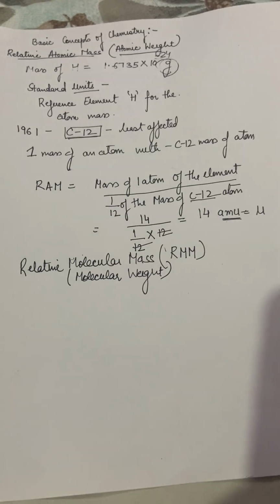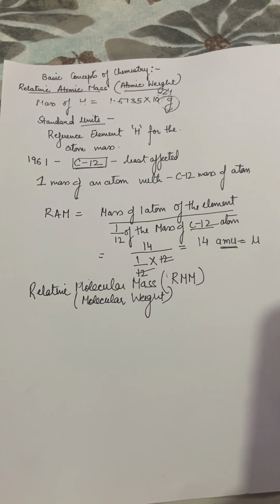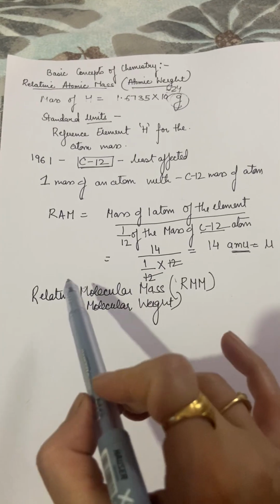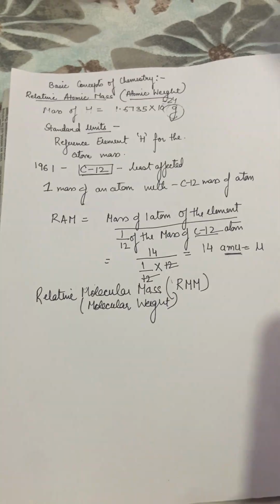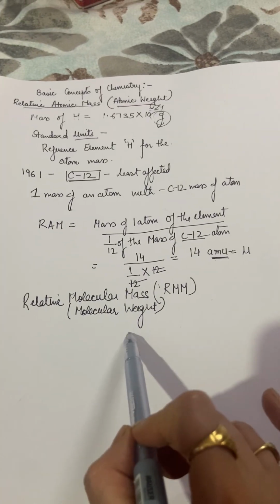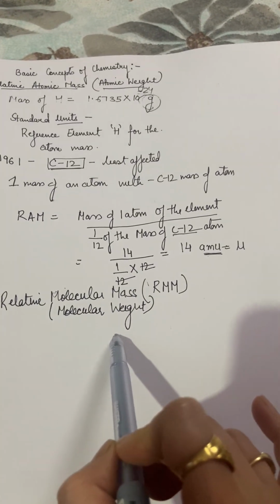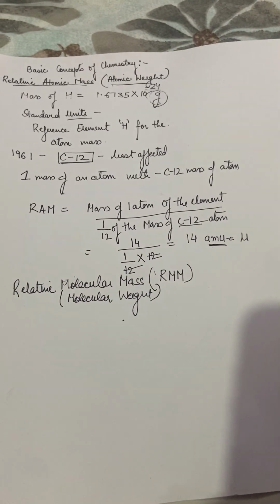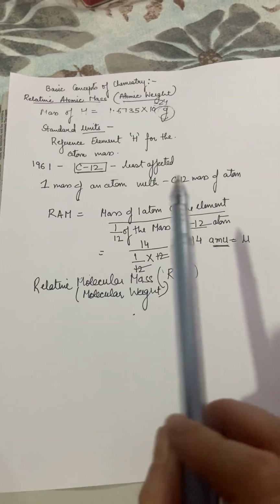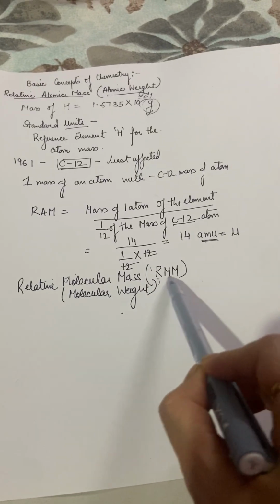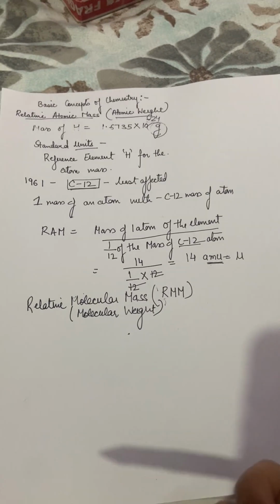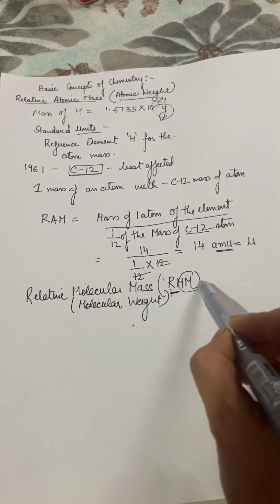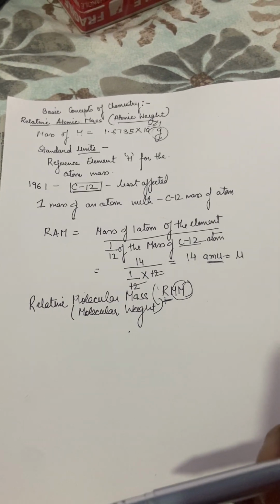Compound is formed by the combination of two or more atoms. So when we take the relative molecular mass, we are not going to take only the individual atomic mass of an element, but we have to combine the atomic mass of all the atoms, and that is referred to as what? Relative molecular mass. Now the question arises, why is the molecular mass given the term relative?